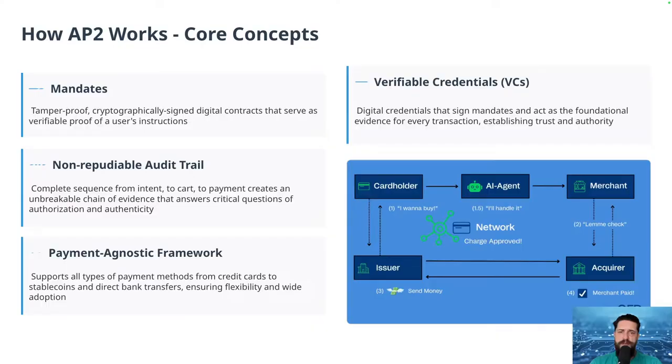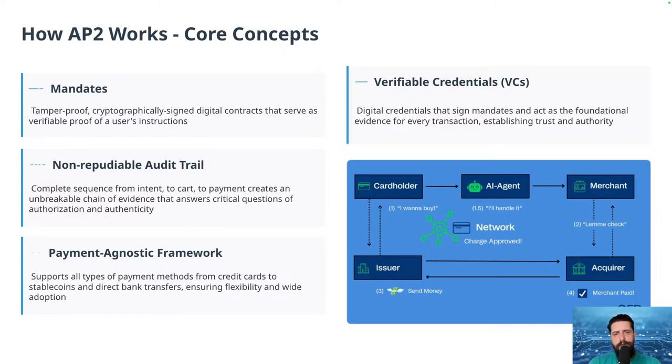This process generates a non-repudiable audit trail, an unbreakable chain of evidence that links the user's initial intent to the final payment. This audit trail is crucial for accountability because it provides a clear record of who authorized what and when.